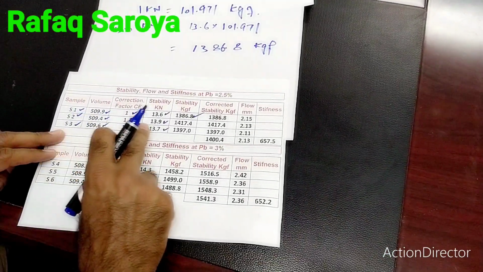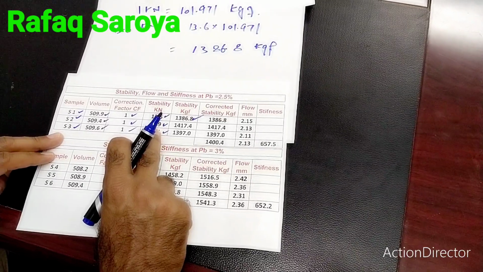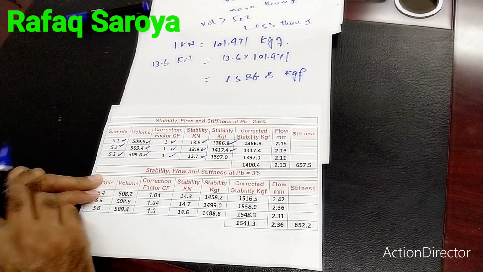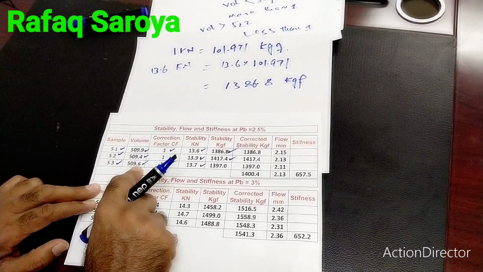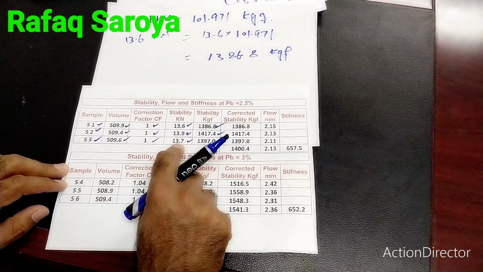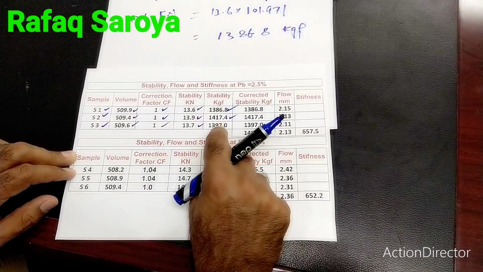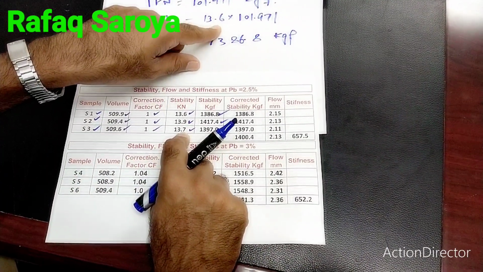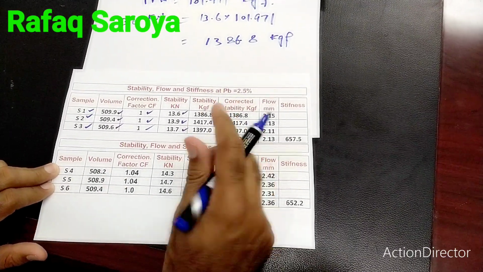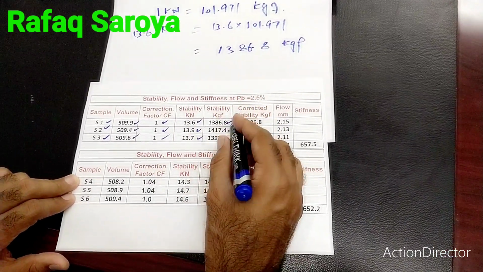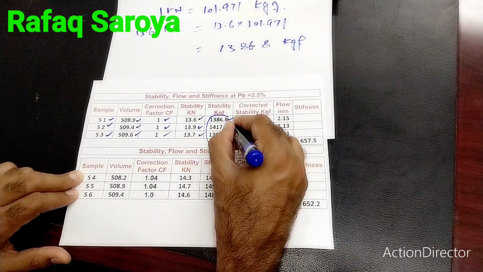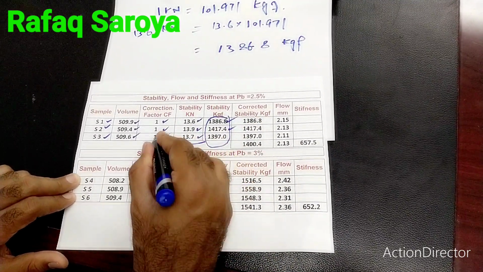Similarly, for my second specimen, whose stability is 13.9, after making this calculation I am going to get the stability. And for my third specimen, its volume is greater than 509, the correction factor would be 1, and the stability reading taken from the Marshall machine is 13.7. After multiplying with 101.971, I get 1397.0. What is the corrected stability? Corrected stability means this value, which is multiplied with the correction factor.